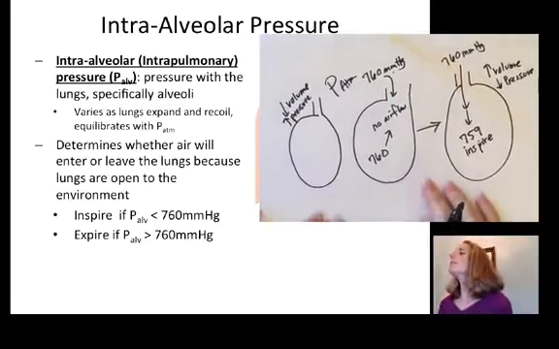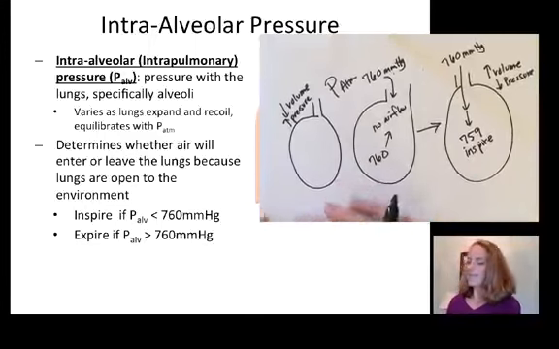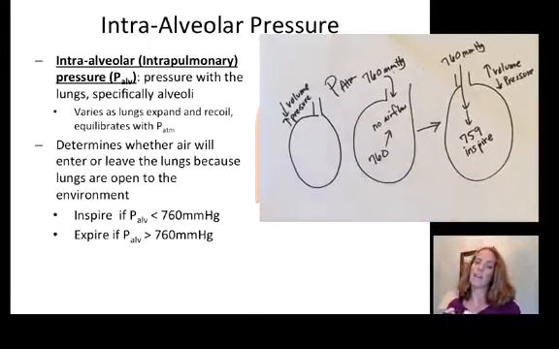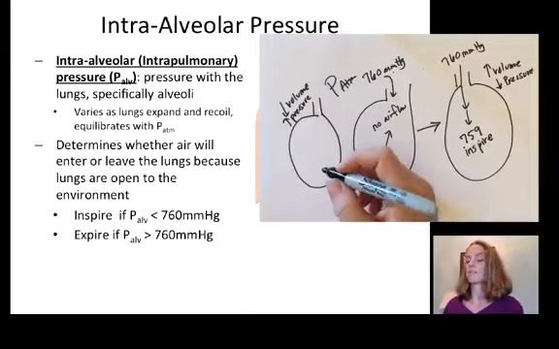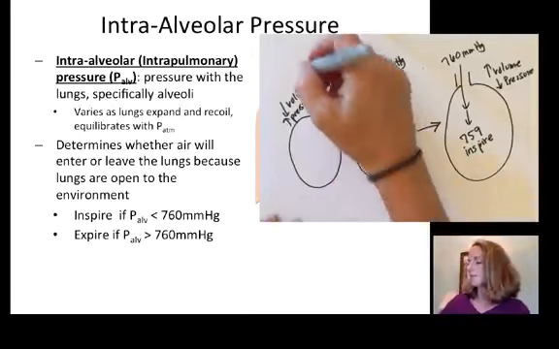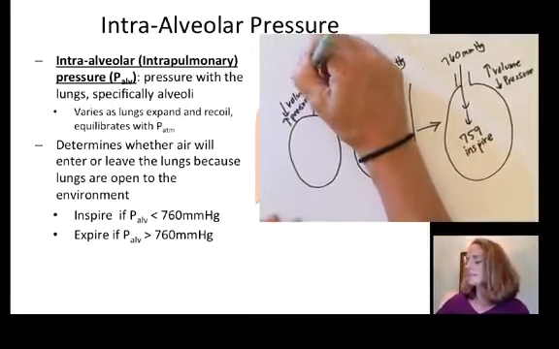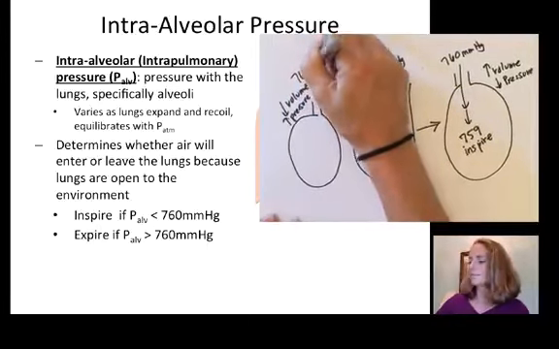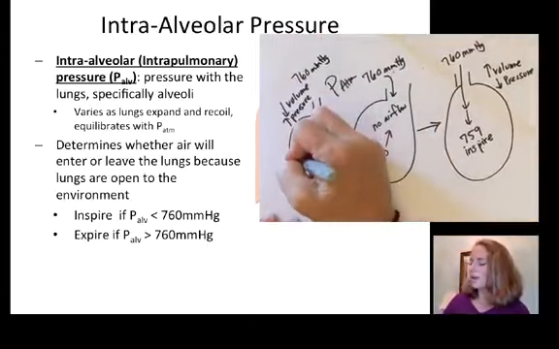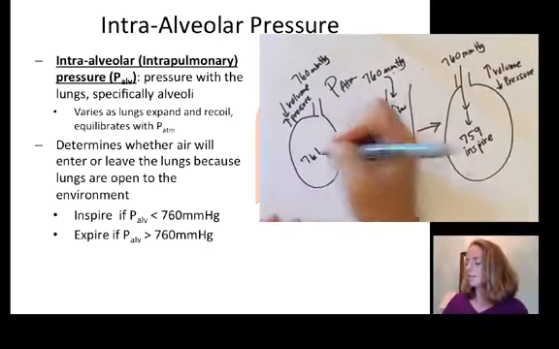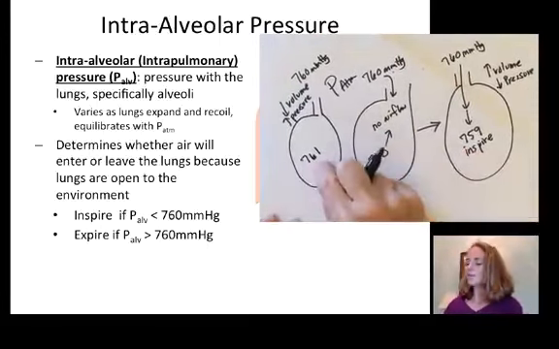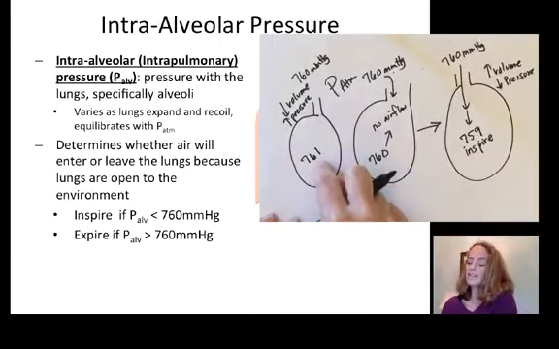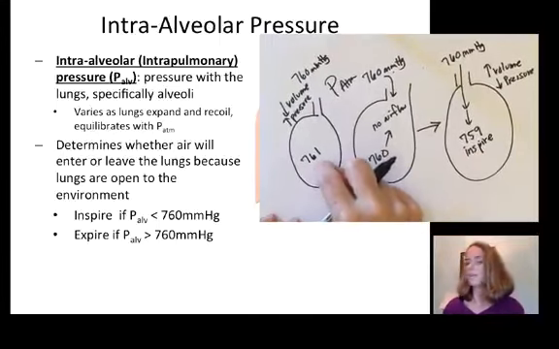So if we decrease the volume back down by relaxing the diaphragm and relaxing the external intercostals, we maybe even compress with the internal intercostals and the abdominal muscles. Now we still have 760 outside, but now the pressure went up to, say, 761. If the pressure goes up because we've compressed the thoracic cavity, which way is the air going to go?